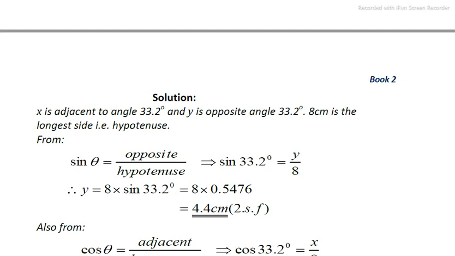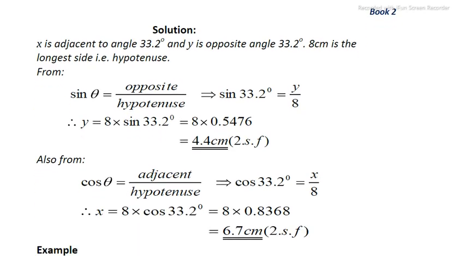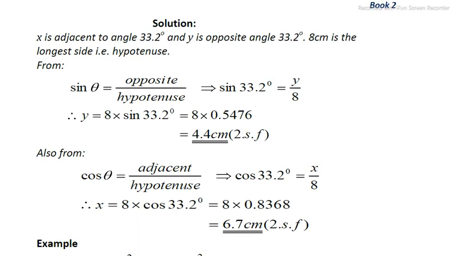Then we cross multiply by 8 to get the value of y, which is 8 sine 33.2, which will give us 4.4. Still, to get the value of x, remember x was our adjacent.